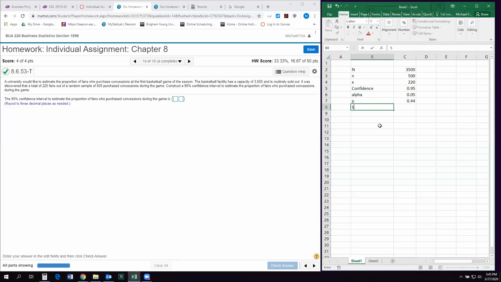So we're going to have to calculate our standard error of the proportion. And our standard error of the proportion is equal to the square root of p times 1 minus p over n.